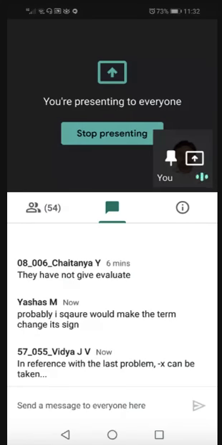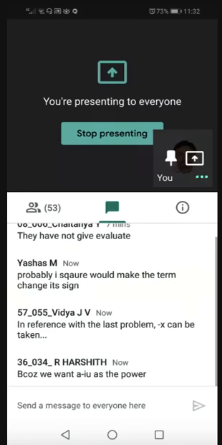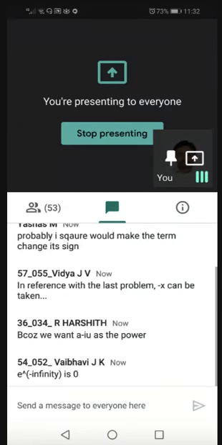Why? One student says it is in reference to the last problem, minus x can be taken. Okay, I agree, but why did I take minus x? There must be some reason, right? In the place of minus x you can take plus x also.